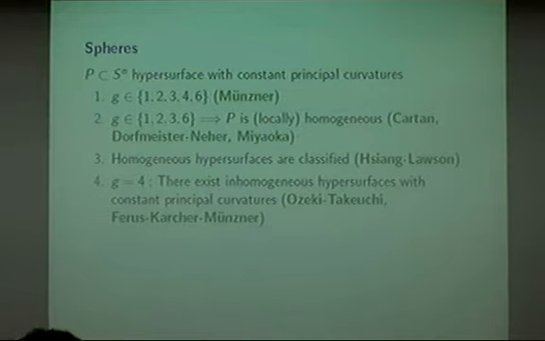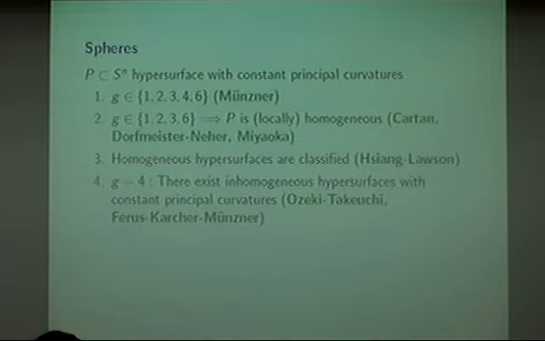And they are all related to representation theory of Clifford algebras. Quite remarkable that suddenly Clifford algebras come into the picture here. It's quite unexpected. So this makes the classification problem much more difficult when there are 4 distinct principal curvatures. You don't get homogeneity, so there are no groups involved.